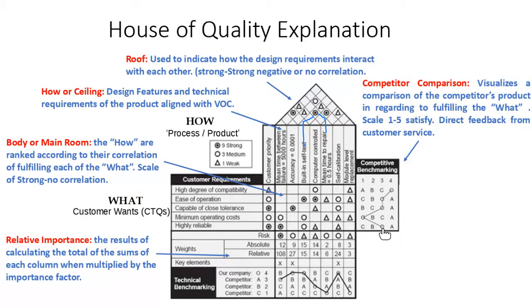Also, we are somewhere in the middle or high middle in the high reliability. So we are not bad in the reliability, but company A is better than us in high reliability. As well, if you compare their operating cost, it is low.